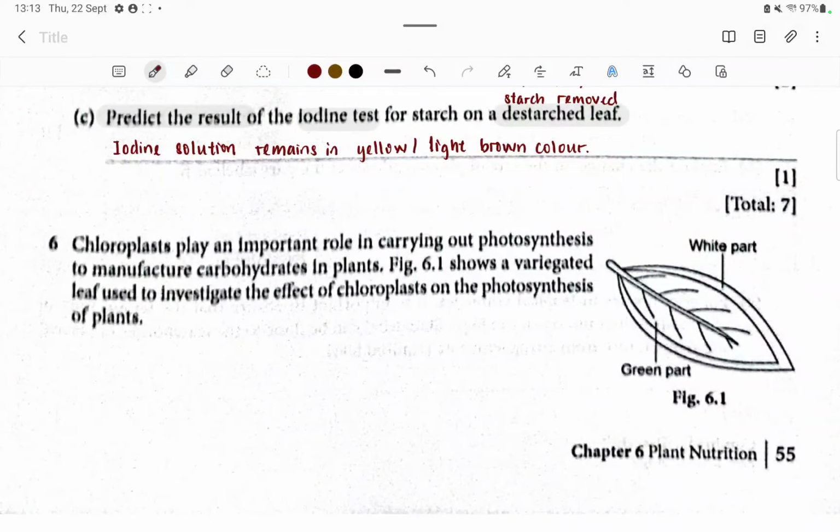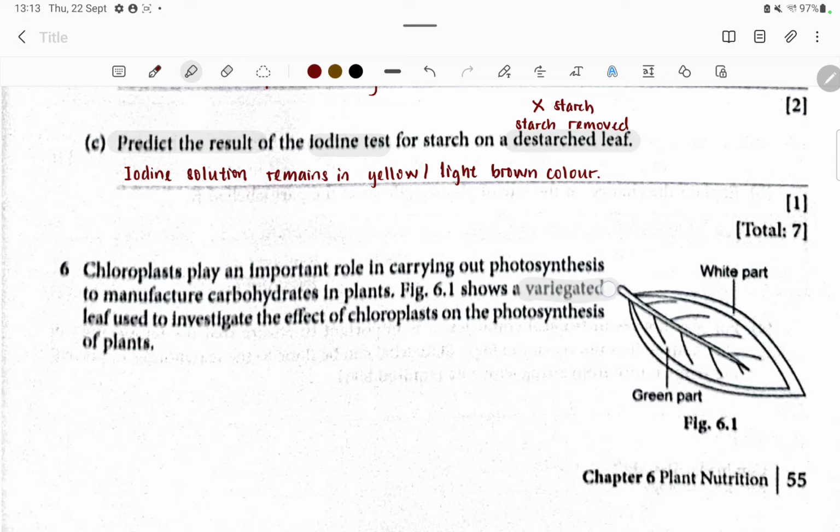Let's look at number 6. Chloroplasts play an important role in carrying out photosynthesis to manufacture carbohydrates in plants. Figure 6.1 shows a variegated leaf used to investigate the effect of chloroplasts on the photosynthesis of plants. Variegated actually means that the plants have different parts.